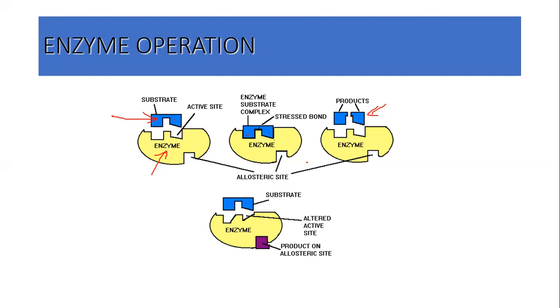Okay. Now here you have an interesting one. Sometimes the product, now this is one of the products here, is fructose. That could land on a different site of the enzyme. And when it does that, it kind of changes the shape of the active site. So now the enzyme is shut off.